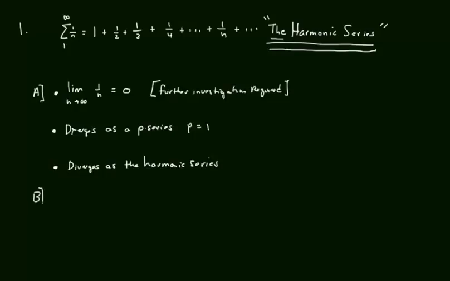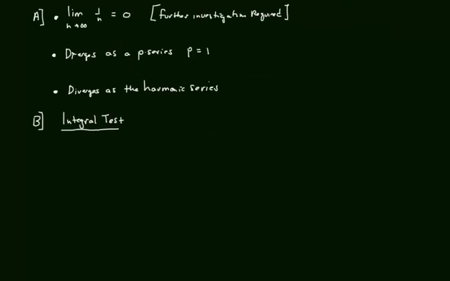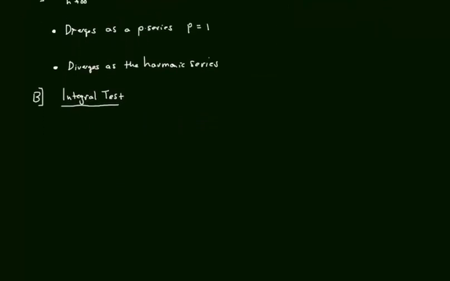So in part B, I want to do a formal investigation. The investigation I want to use here is the integral test. See, the integral test actually proves the P-series test. And I want to walk you through this. Okay, so in the integral test, the first thing we do is state, because it's formal, I want to be real formal about it, the nth term, which is 1 over n.